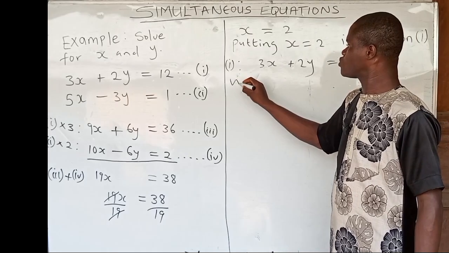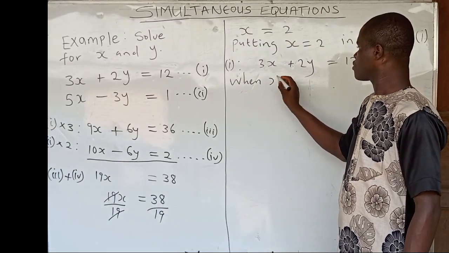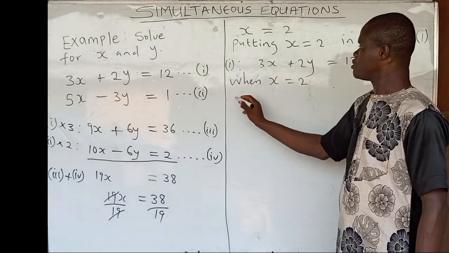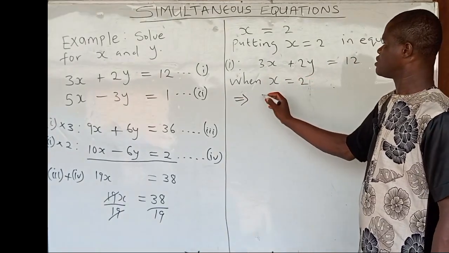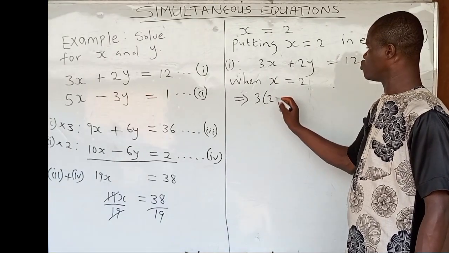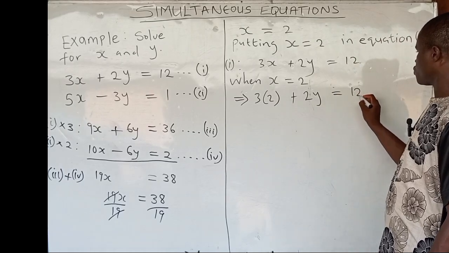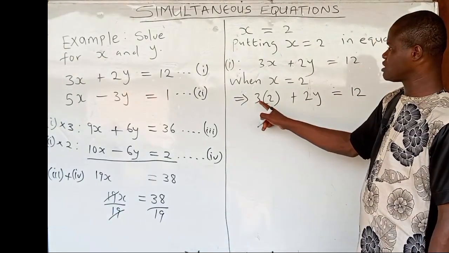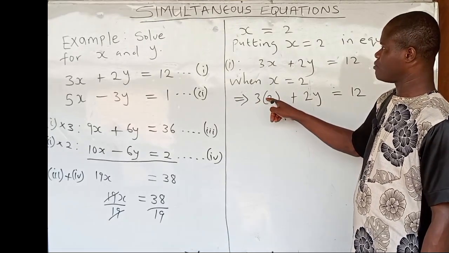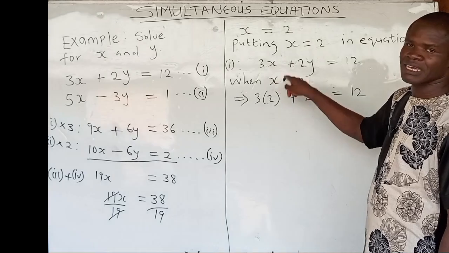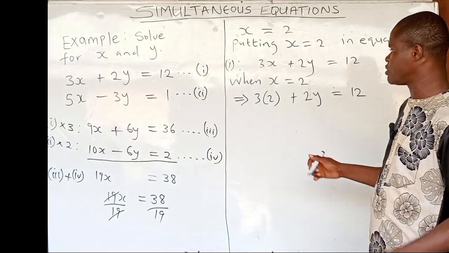So when x is equal to 2, this now becomes 3 bracket 2 plus 2y equal to 12. So this is 3 times 2. Please, I choose to put it in brackets so that you know that it is multiplication.